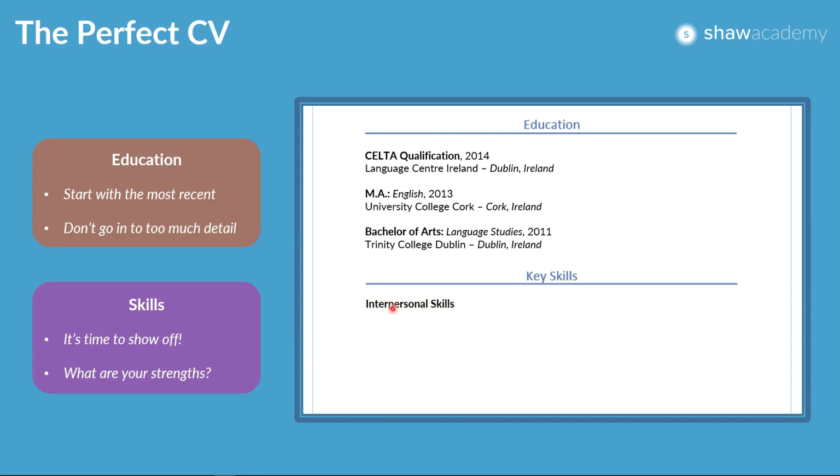Interpersonal skills. So, short, snappy sentences to show off. Confident public speaker. So that's obviously a good one for teaching. You can speak in public confidently. Adapted to speak to language learners. Another great one for an English teacher, okay? So I have adapted to speak well to language learners, as I'm sure all of you can agree.